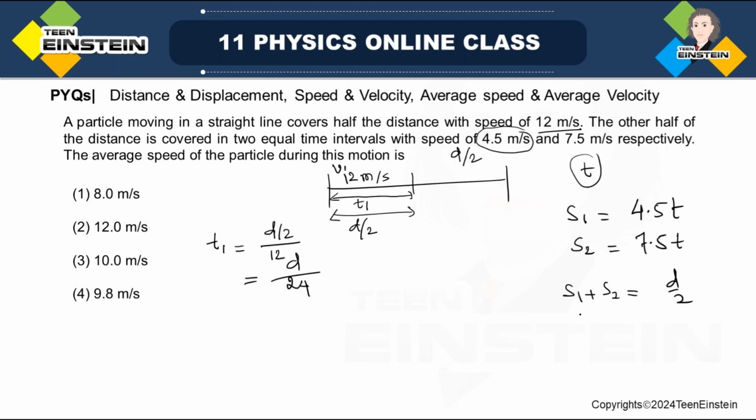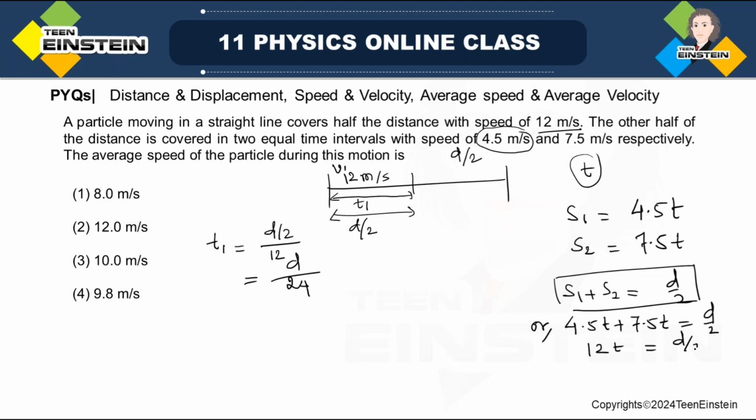So let me write it here: 4.5t plus 7.5t is equal to d by 2. Now I can find from here: this is 12t equal to d by 2. So t is equal to d by 24 again.